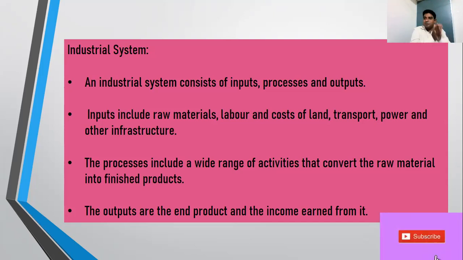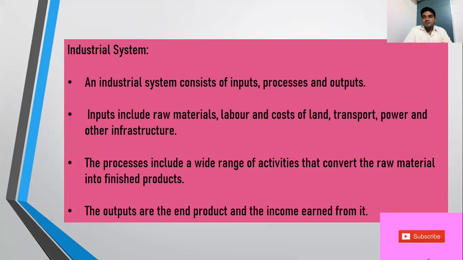There are three steps: one is input, second is process, third is output. So this is the first step. In input, we need to check the raw materials, labor, cost of land, transport, power, and other infrastructure.